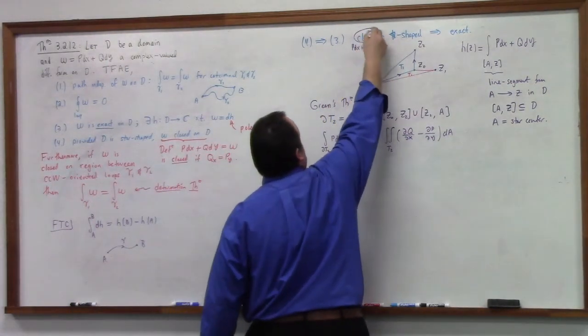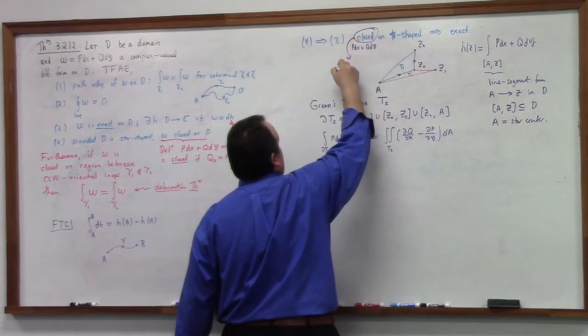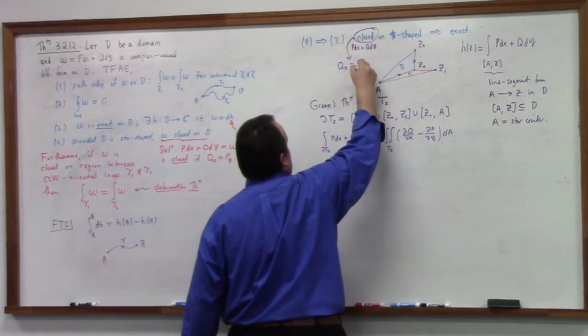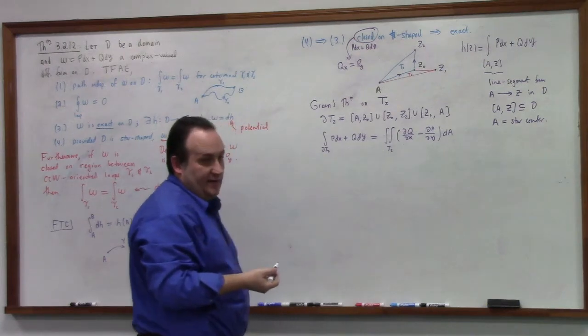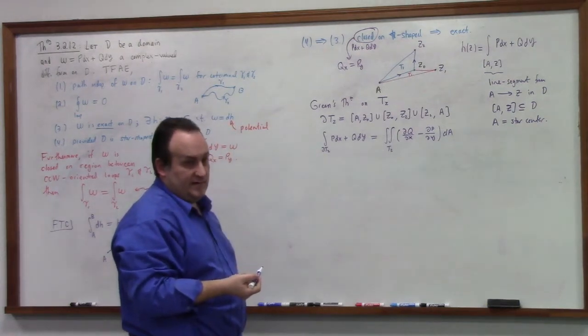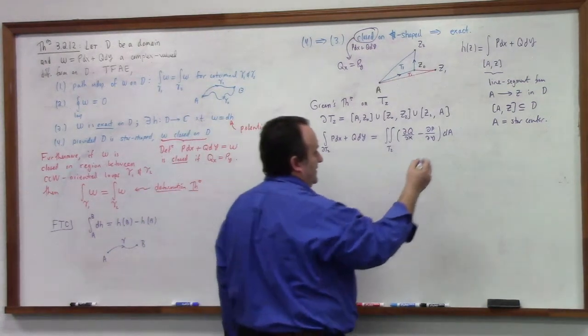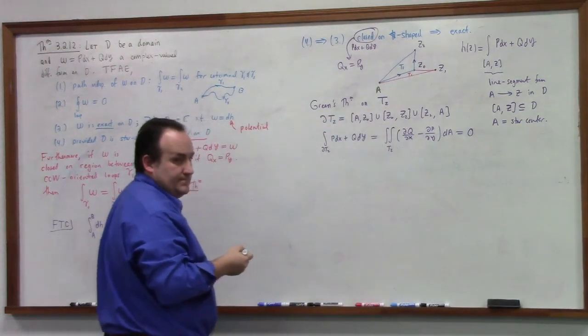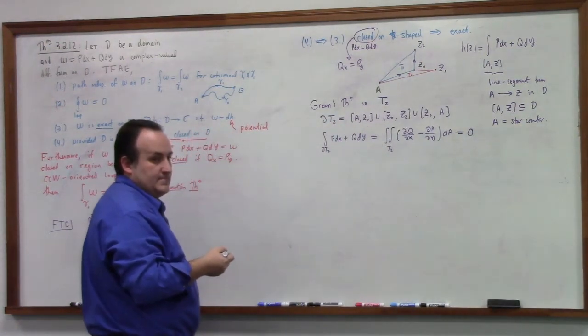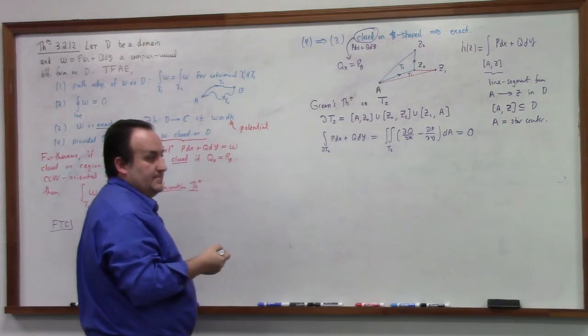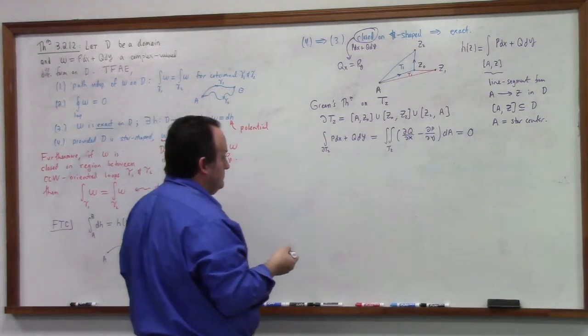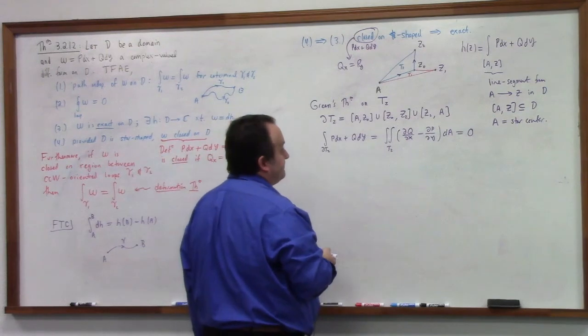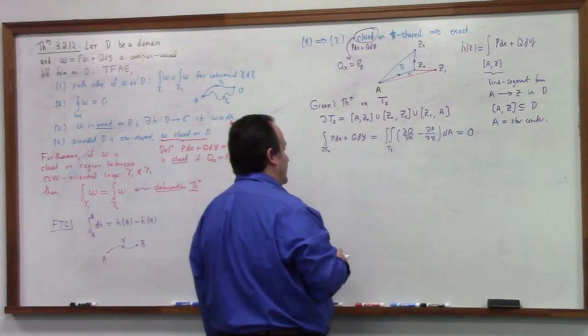Closed means that Qx is equal to Py, which is to say that the area integral is the integral of 0. So this is equal to 0. But that's not just to say that the area is 0. No, I suppose not.